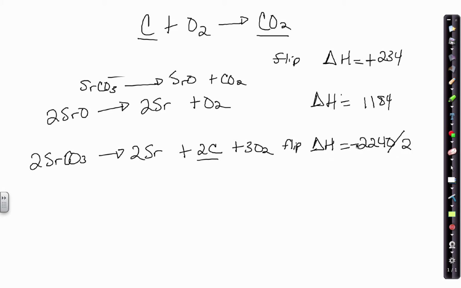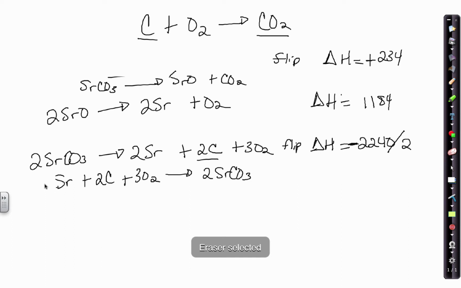So this means this becomes negative here, and I'm going to divide it by 2. So I have 2SR plus 2C plus 3O2 produces this, but I need to also divide it by 2.